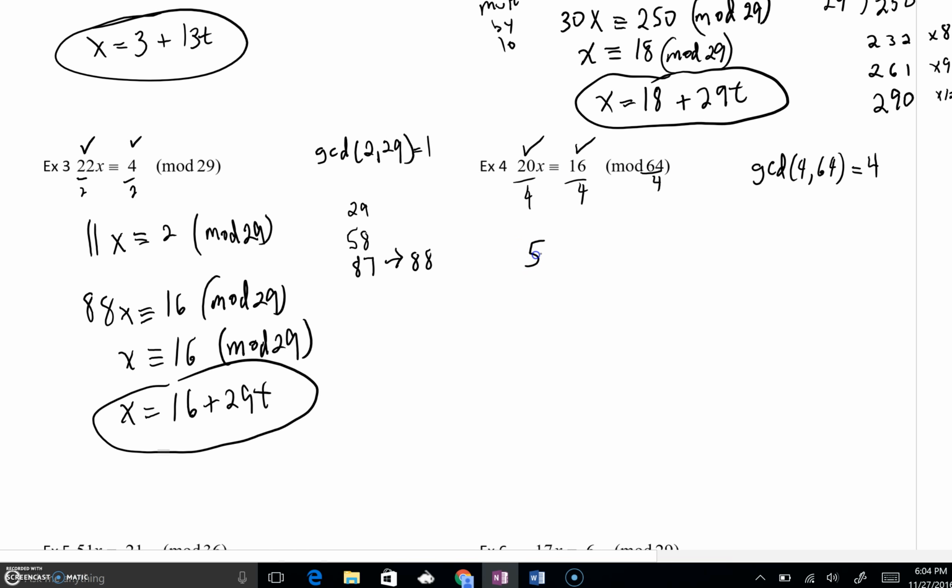So this will become 5x. This is going to be congruent to 4. New modulus now. This is now going to become 64 divided by 4 is 16. Now, that's all well and good. And as we look here, hopefully you can see that we can definitely proceed now and look for another way to finish up this problem.